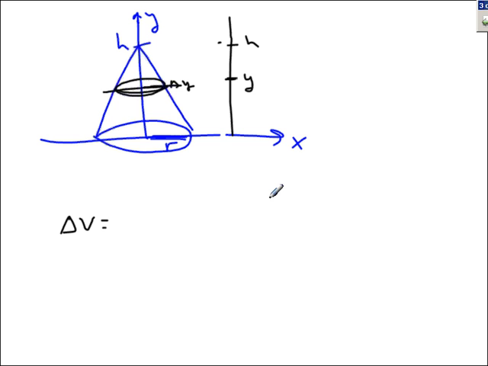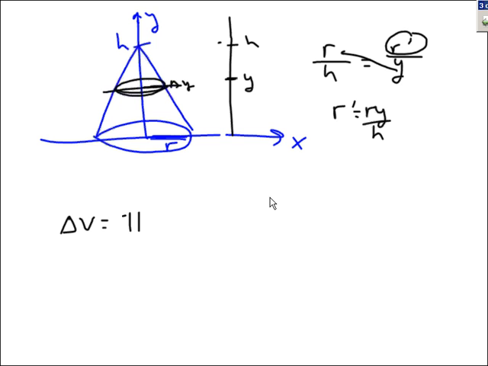We have the big radius to the big height is the little radius, call it r prime, to the little height. And that little height is going to be called y. Solving for r prime is r y over h. Just bring the y up there. So that's the radius.